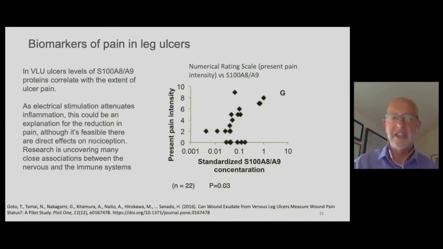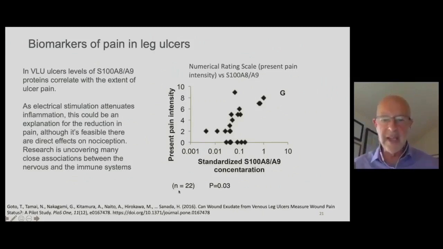And indeed, a study in venous leg ulcers a few years ago by Gotto et al. showed that in venous leg ulcers, the level of S100 in the ulcer exudate, the exudate from the wounds, actually correlates with the intensity of pain expressed by the patients.